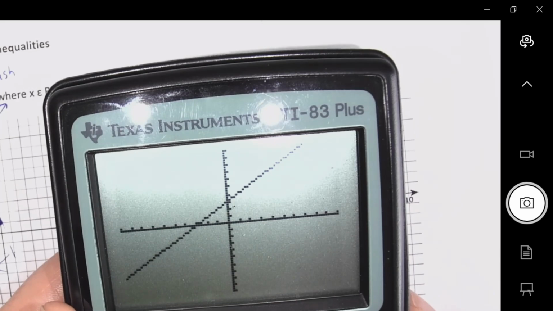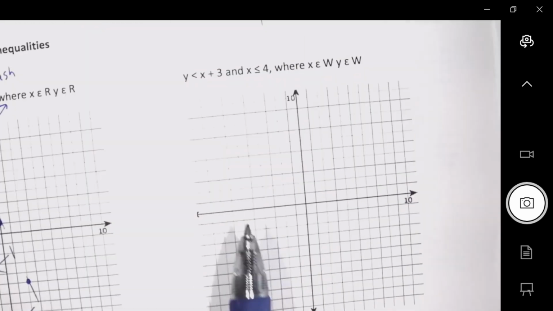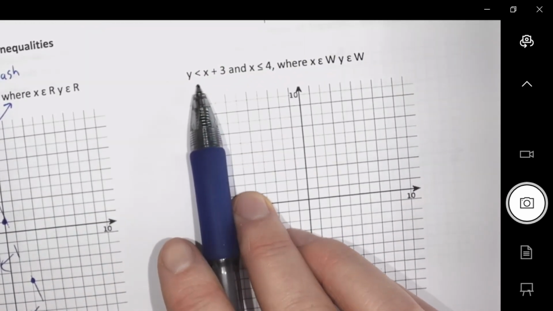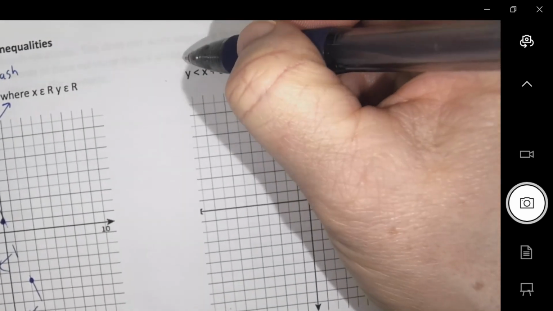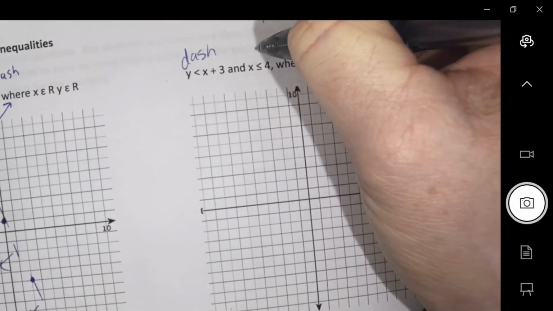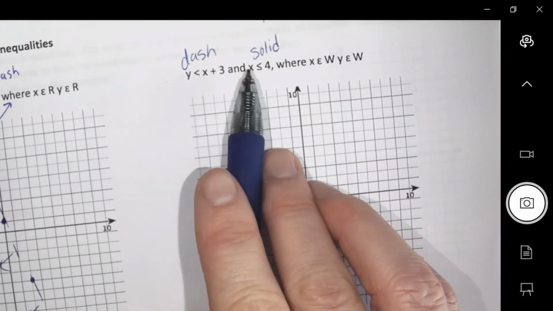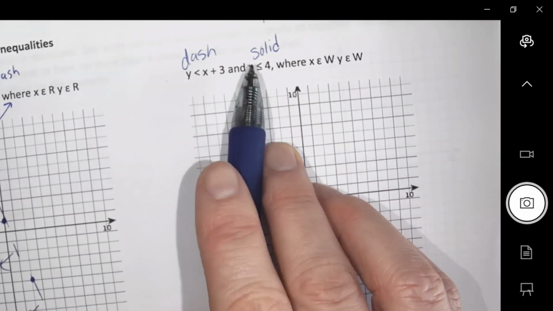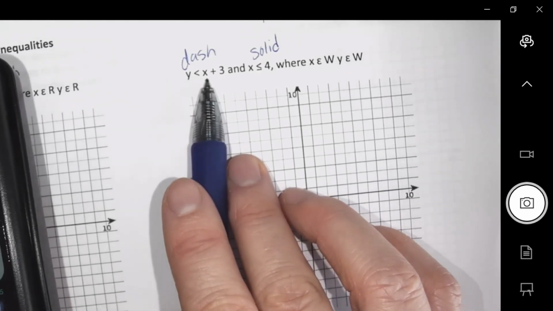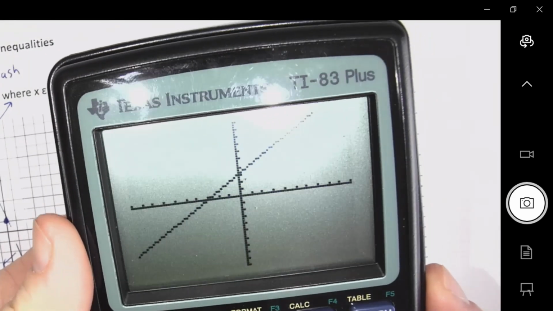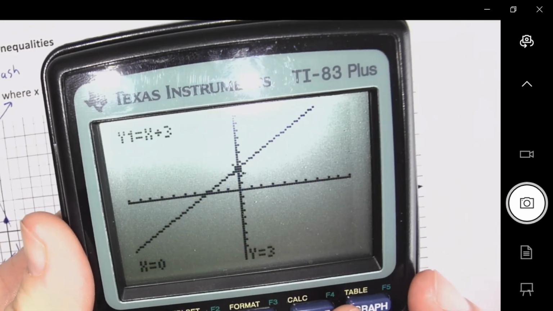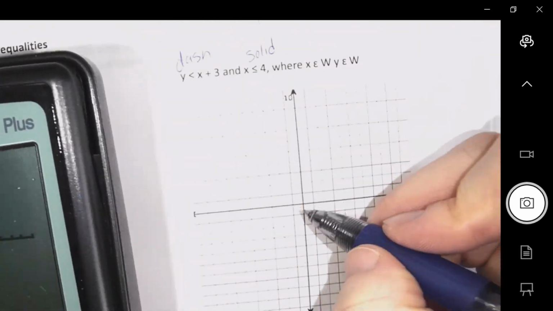When I draw this line, I should probably start by thinking, is this dashed or solid? Dashed. This one's solid, by the way. This one's dashed. This one would be solid. Okay, so can we draw this line dashed? So get me some points with your trace. So 0, 3.